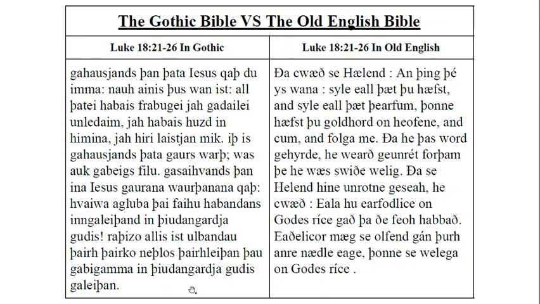So theudans is the Gothic word for king, and then guardia is sort of home or place. So we have this sort of etymological understanding of guardia, the word for kingdom, as the sort of home of the king, whereas riche is, if I'm remembering correctly, related to the word laistjan, meaning sort of to rule or to govern in a place.